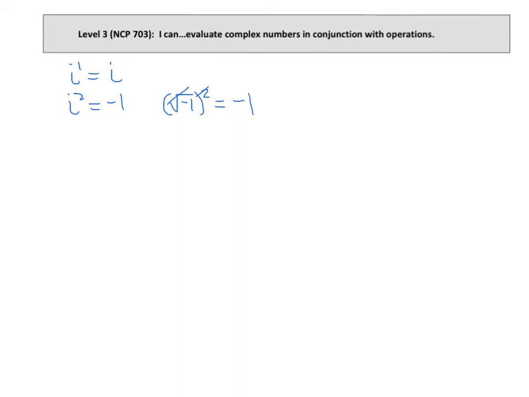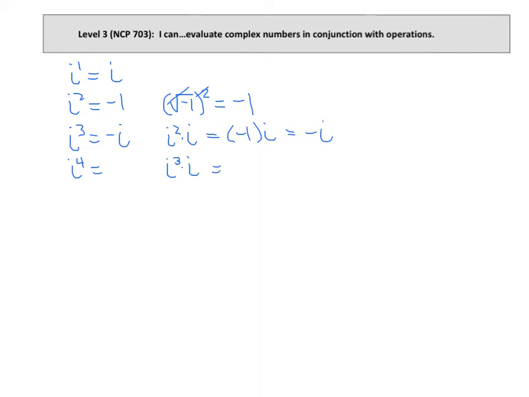Okay. i to the third power is i to the second times another i. We said that i to the second was -1, so we get -1 times i, which is -i. i to the fourth power is i to the third times another i.